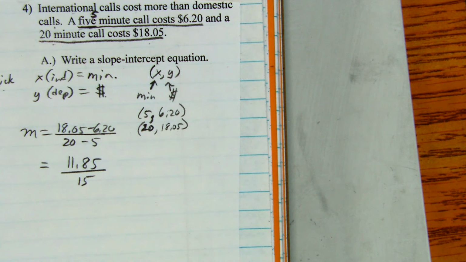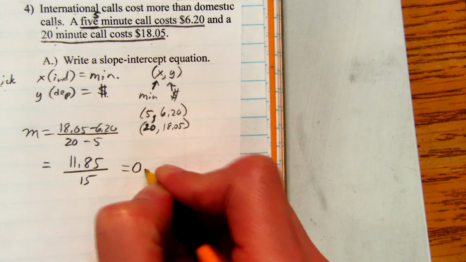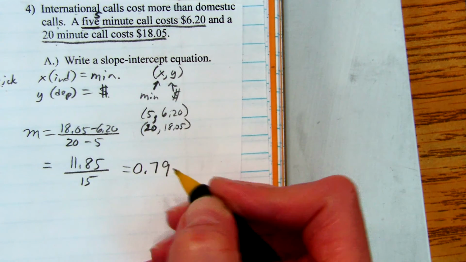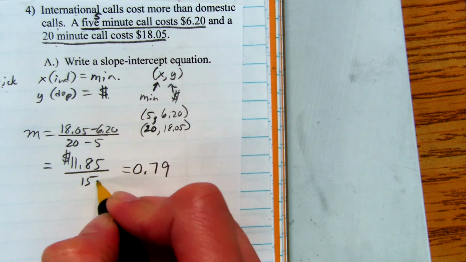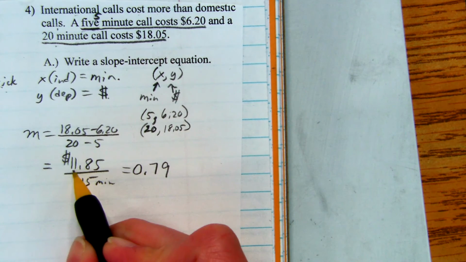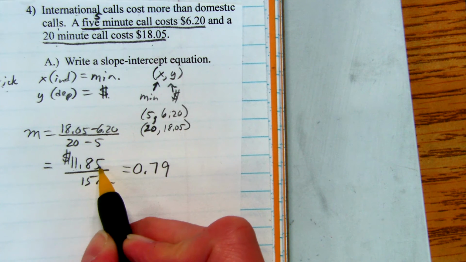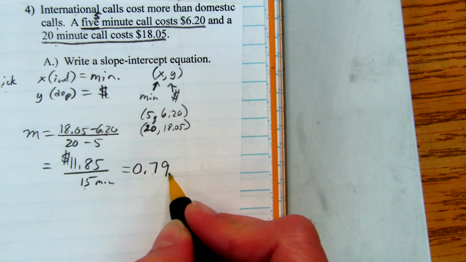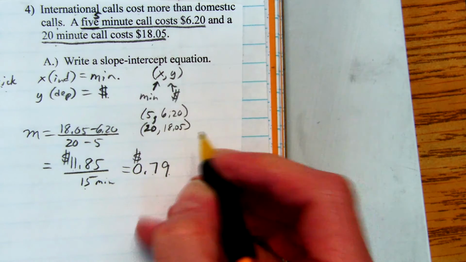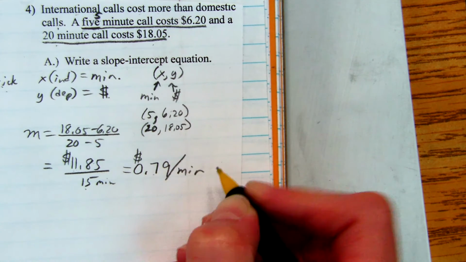Sorry, my calculator's beeping. And we get 0.79. So if we think about this, this was our dollars, and this is our minutes. So it costs $11.85 for 15 minutes, and when I divide that, I get 79 cents per minute. So that's what the slope gives us, that rate of change.